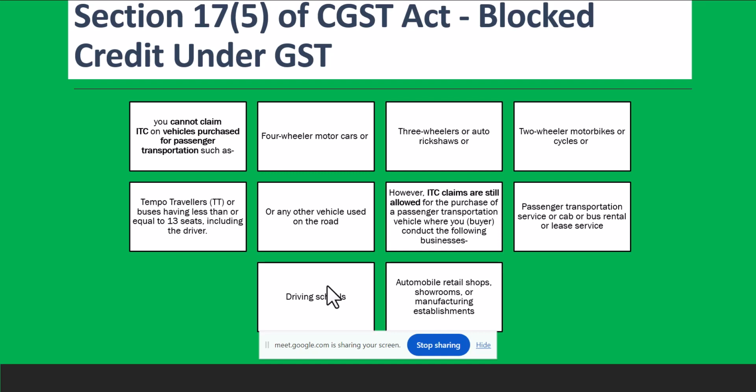However, ITC is still allowed for purchase of a passenger transportation vehicle where the buyer conducts the following business: passenger transportation service or cab or bus rental, driving schools, automobile retail shops, showrooms or manufacturing establishments.